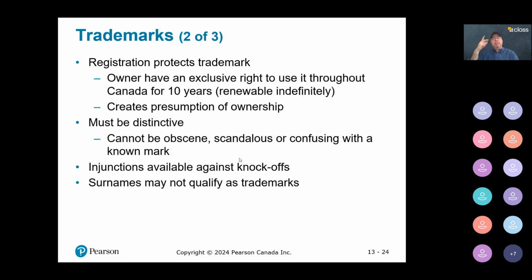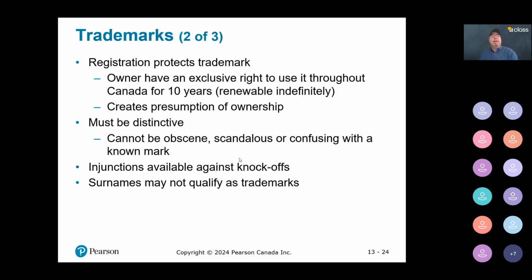They have exclusive rights on the trademark. So two requirements: you can renew every 10 years, but you also have to keep on using the trademark. If you stop using it, then you lose protection. And because you have a registered trademark, you have a presumption.